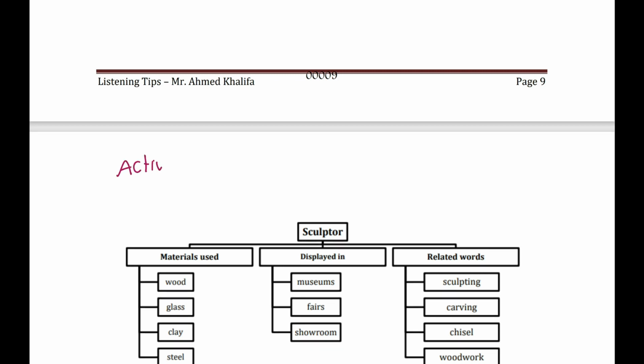Activating schemata. And I'm going to tell you what schemata is. Schemata, simply, it's your background or world knowledge about a topic.